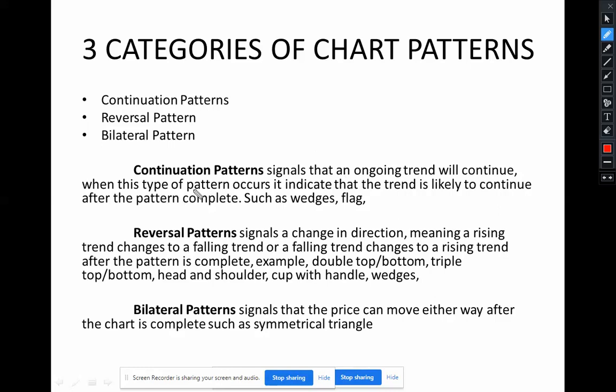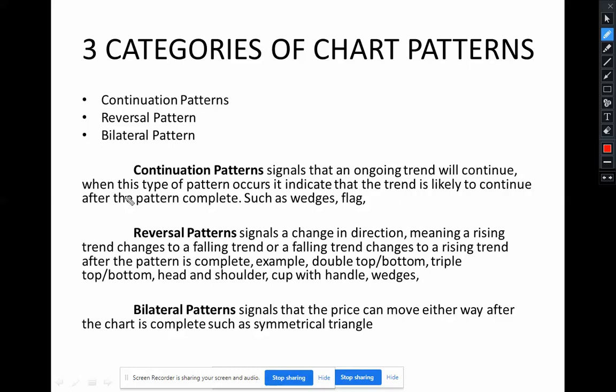When this type of pattern occurs, it indicates that the trend is likely to continue after the pattern is complete, such as wedges and flags, like the rising wedge, falling wedge, bullish flag pattern, and bearish flag pattern.